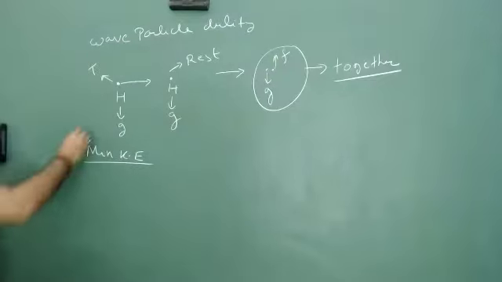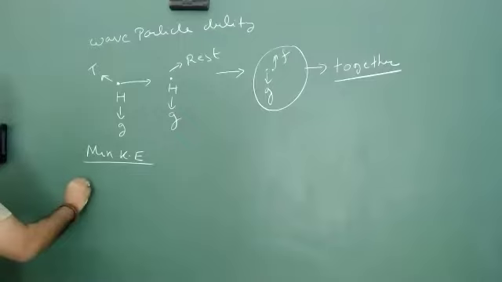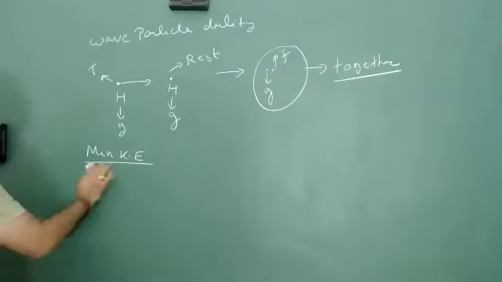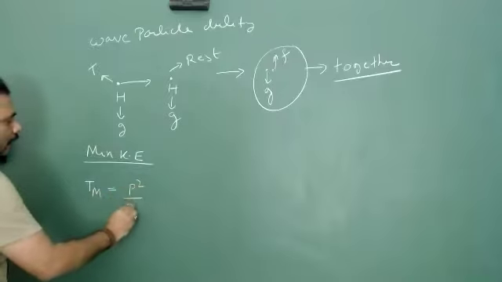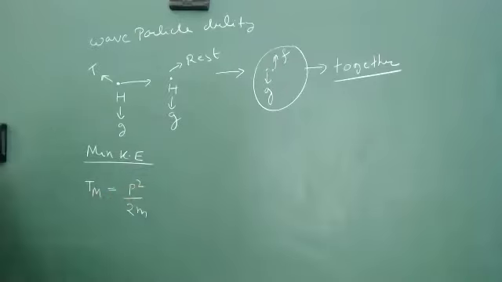What is the initial kinetic energy? The initial kinetic energy is T, and this is the minimum one, T minimum. I can write T minimum as P squared upon 2m, because I assume the mass of this hydrogen atom is m.